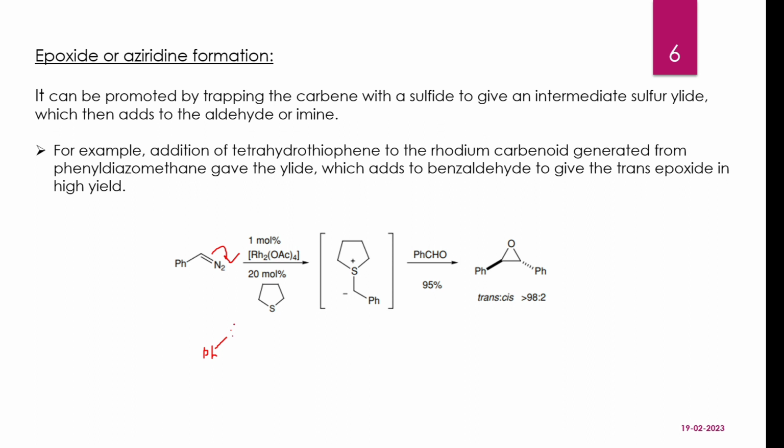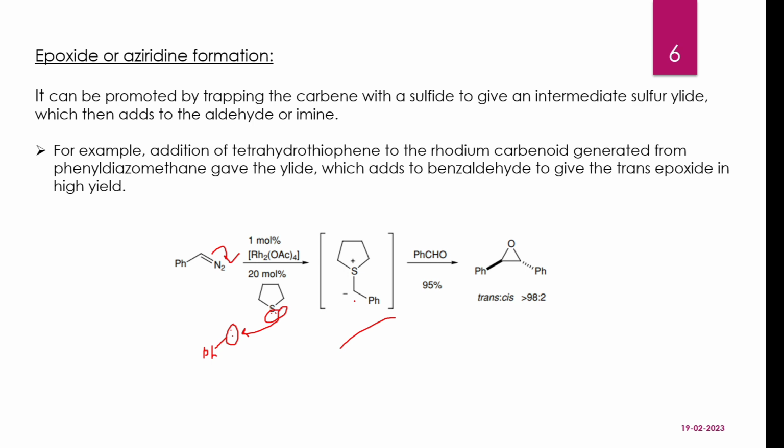So this carbene, as we know, carbenes are electrophilic in nature, and sulfur is the electron donating group. So this sulfur will attack this carbene center, giving us this type of ylide intermediate. This is a sulfur ylide because there are positive and negative charges adjacent.